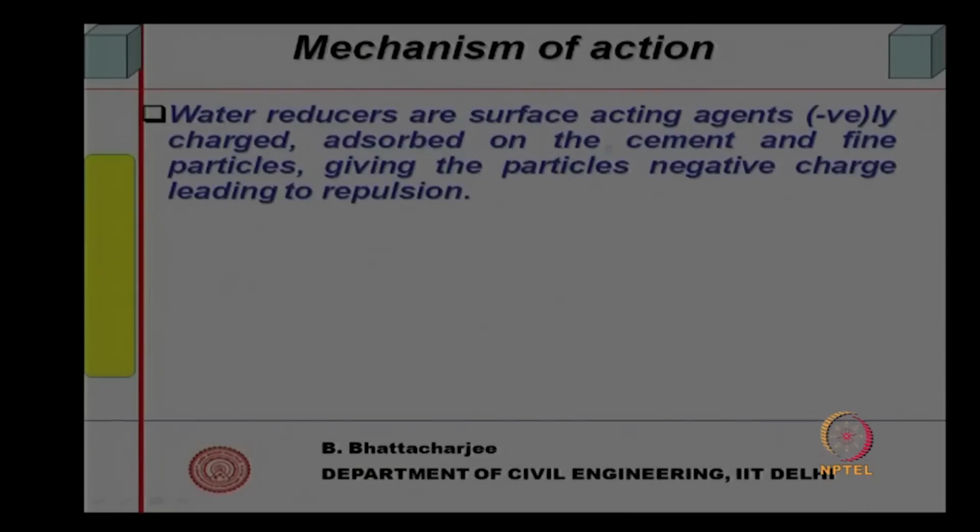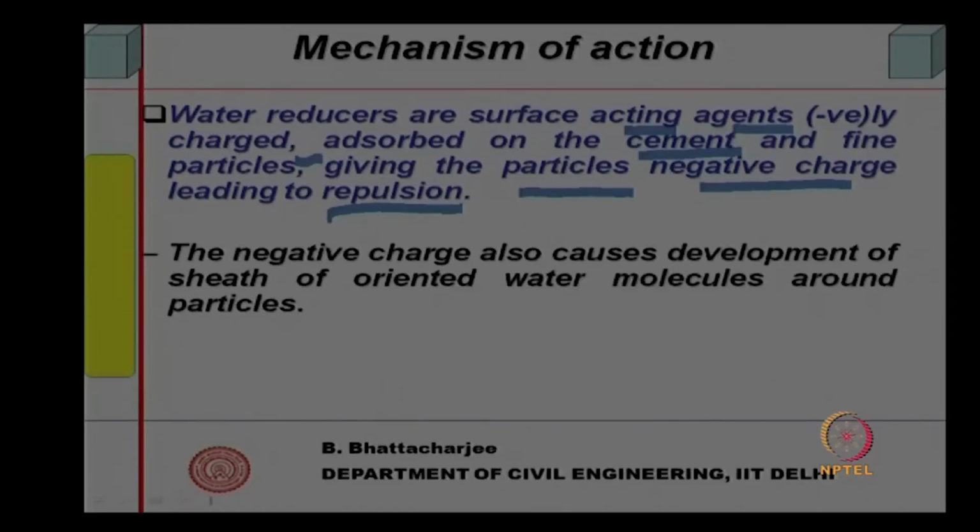Water reducers are surface acting agents, negatively charged as adsorbed on the cement particle or any other similar fine particle, giving particles negative charge, and this leads to repulsion. That's why they are dispersants.